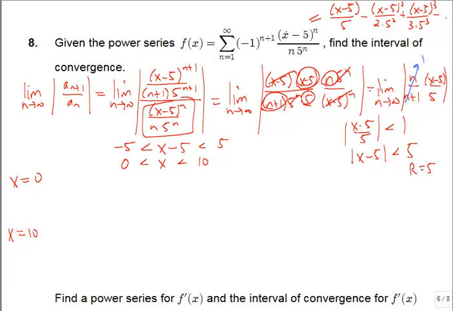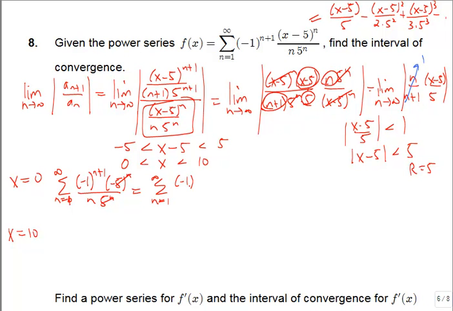So if I let x be 0 up here, then this series becomes negative 1 to the n plus 1 times 0 minus 5, which is a negative 5 to the n, over n times 5 to the n. So first of all, the 5 to the n's are going to cancel, but I still have that negative 1 to the n in there.